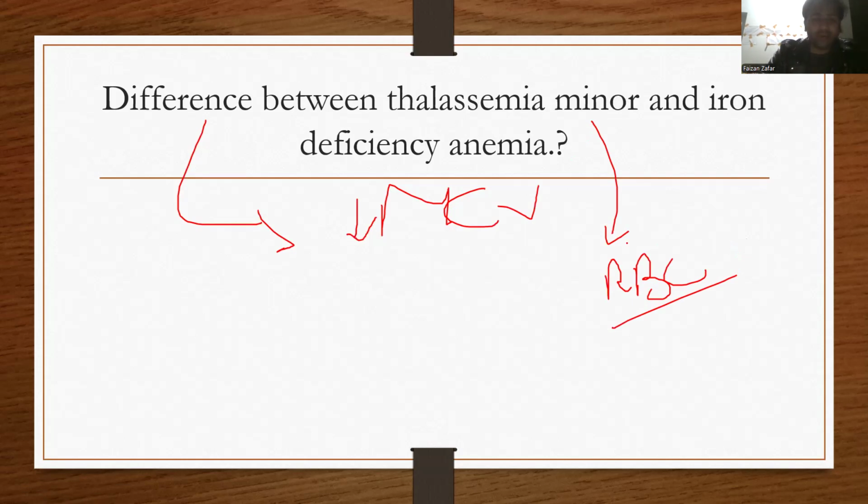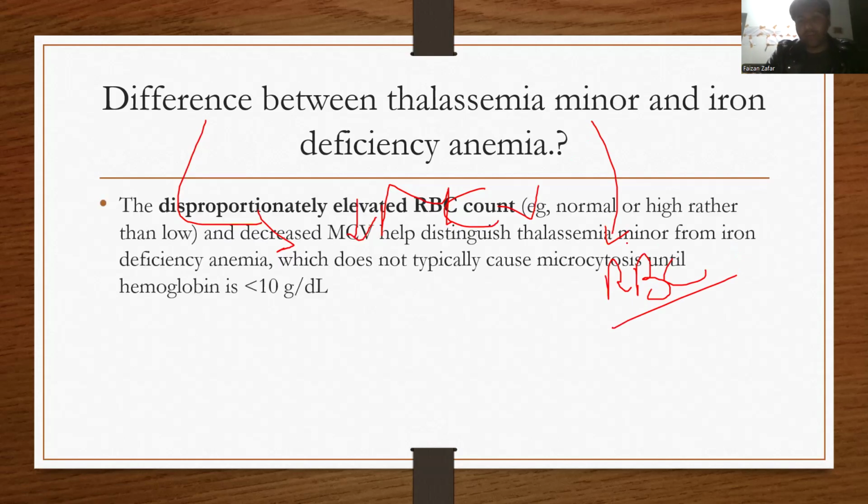This is a simple difference, but very important and very tricky when you encounter the question. So in thalassemia minor there is a disproportionately elevated RBC count and decreased MCV, while in iron deficiency anemia, MCV typically falls when the hemoglobin is less than 10 grams.